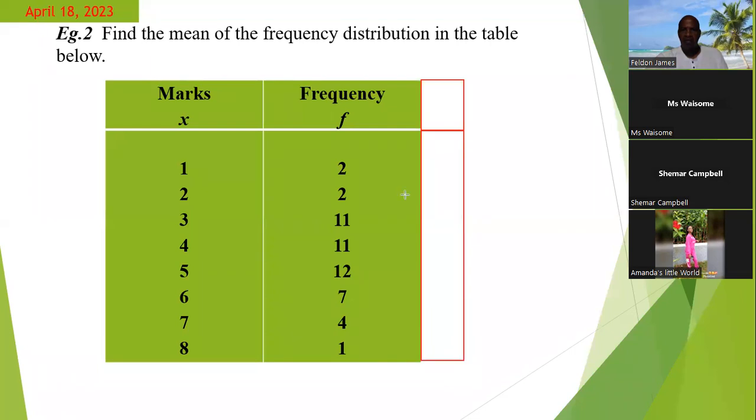So add a column to the right. And then now in that column, you will be calculating XF. And remember, to get XF, you need to multiply the frequency times the x values. All right, go ahead.